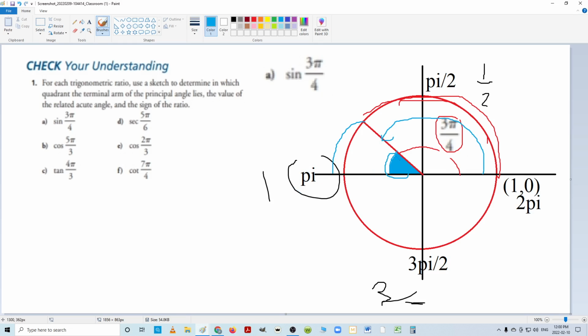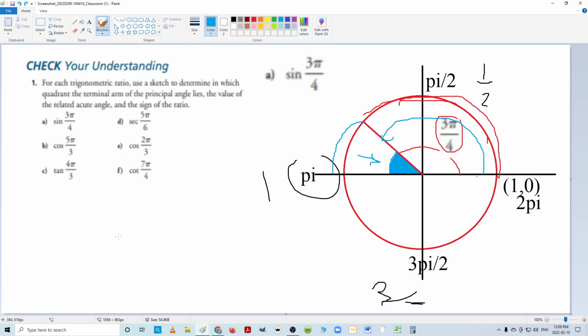To figure out what angle is left there, we would take pi and subtract all this to figure out the remaining angle. That's logical, isn't it? 90 degrees minus whatever this angle is will give me this angle. Sorry, 180. And pi, since it's the same as 180, minus this fraction will tell me the blue angle fraction.